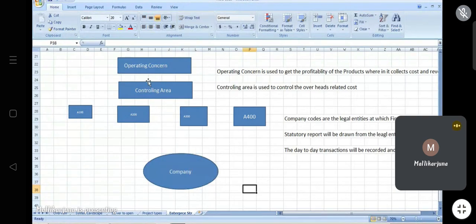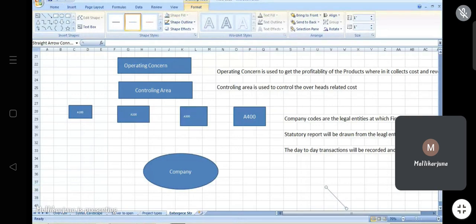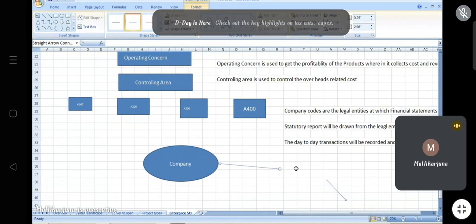One company can have n number of company codes.